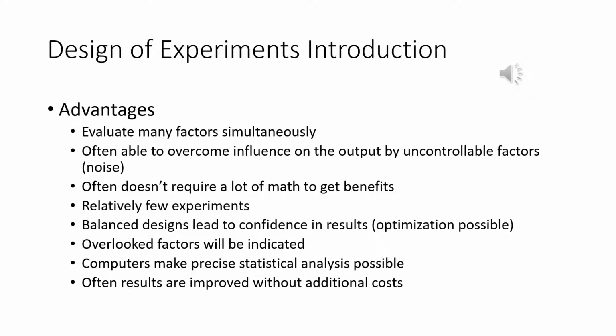And overlooked factors will be indicated. So if we get some results and say, well, something's going on here, but it doesn't make sense, we're missing something. Well, it'll become obvious in DOE. And with computers now, oh my, it's a lot easier than it used to be back in the old days. And often you can improve without additional cost.